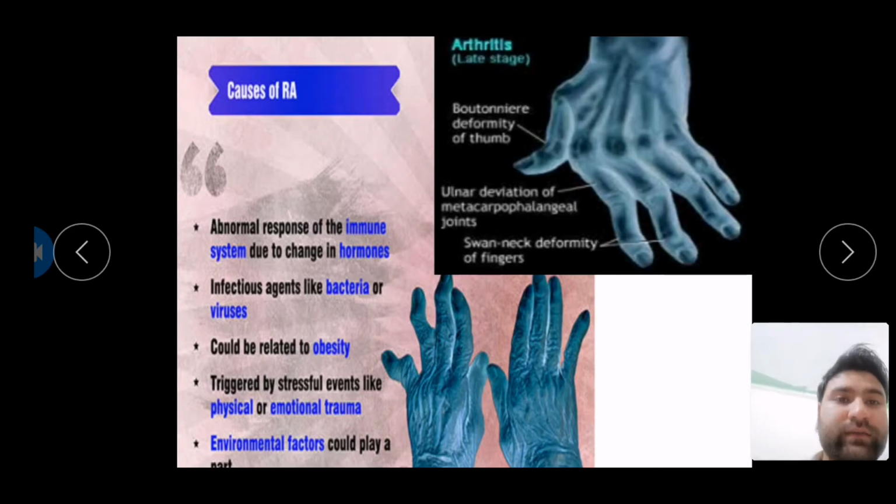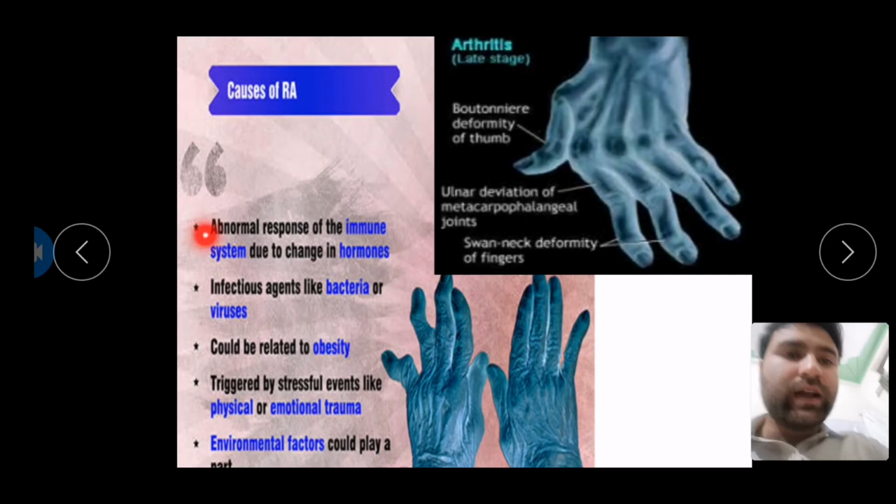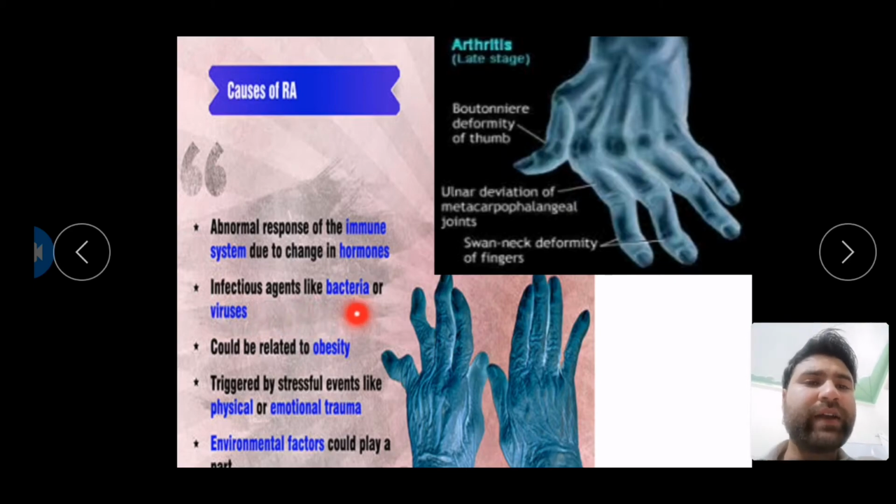Here you can see different causes of rheumatoid arthritis, like abnormal response of the immune system due to changes in hormones. Infectious agents like bacteria or viruses can also trigger. It could be related to obesity, triggered by stressful events like physical or emotional trauma, and some environmental factors like smoking.